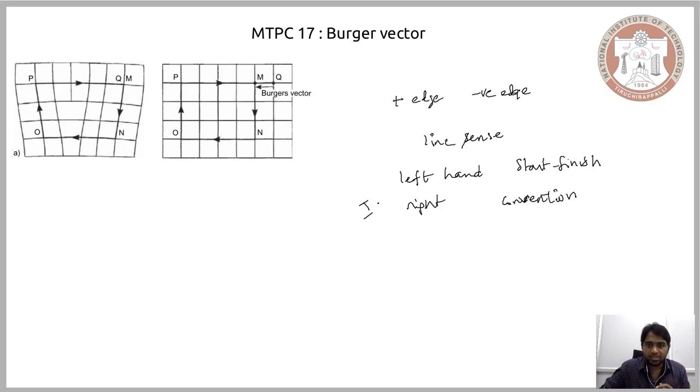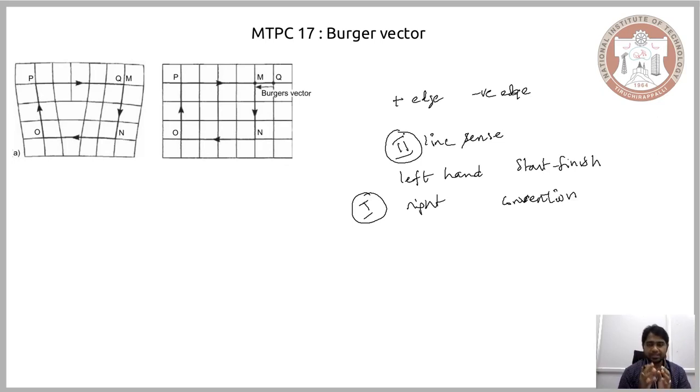So once you establish that convention first, then you move on to the line sense, and depending on your consideration, you can consider the positive edge defect and combine it with a clockwise path for the Burgers circuit, or you can do it vice versa.